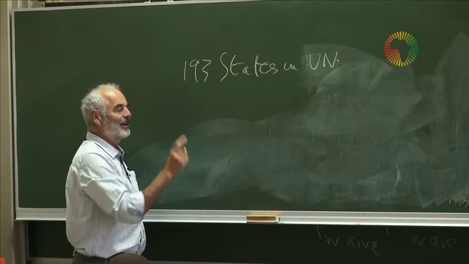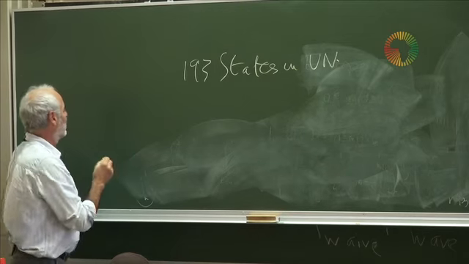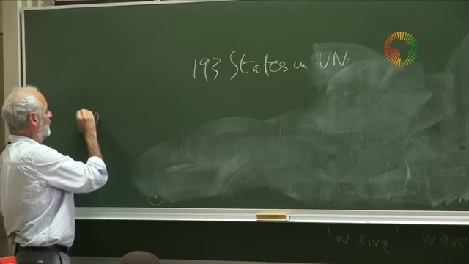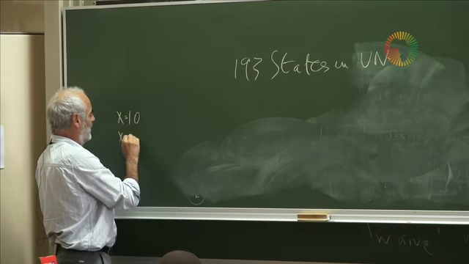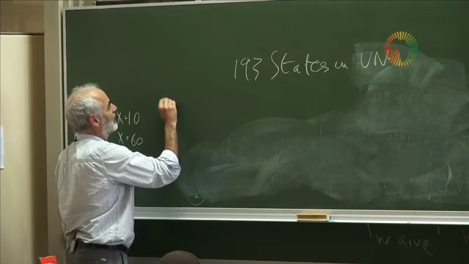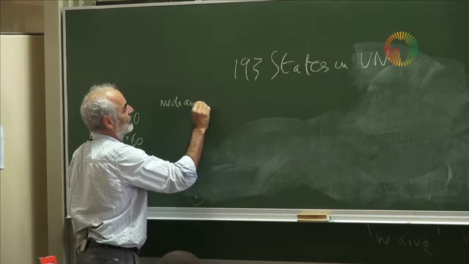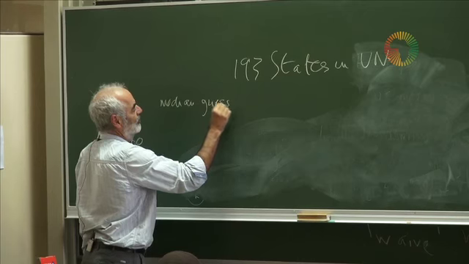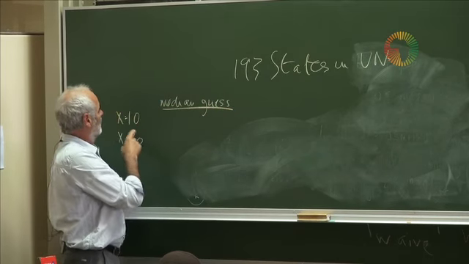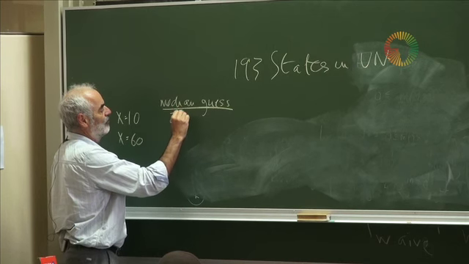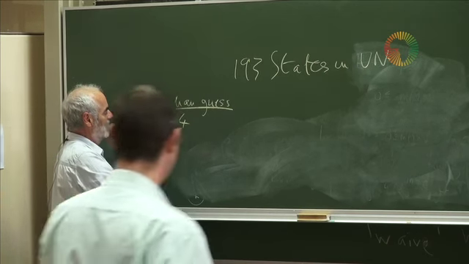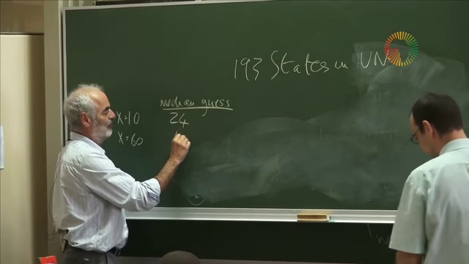It turned out that half of you were given 10 and half of you were given 60. And the median guess, that means the one that's halfway along, for these was 24%, and for these I think was 40%.